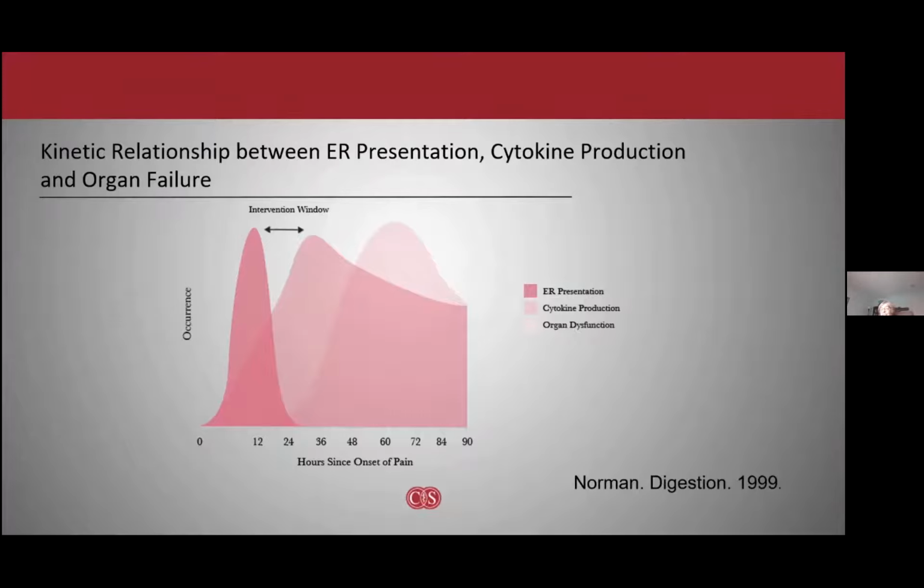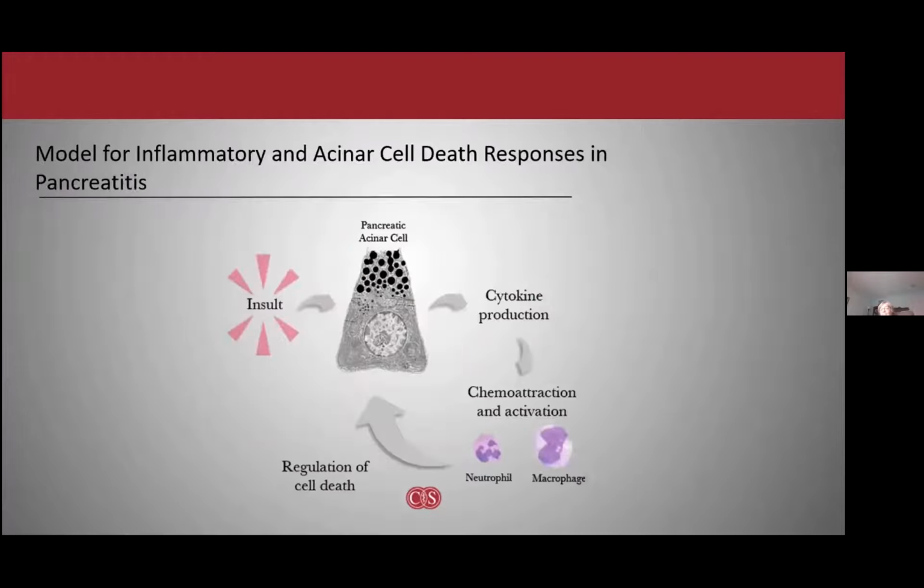The point of this slide is that the emergency room presentation precedes the massive increases in cytokines, followed by organ failure that occurs in the most severe cases of pancreatitis, where the pancreatic tissue is necrotic at the later stages of this time course. The point being that Jim and others have suggested that treatment needs to be initiated early in disease, before there is significant necrosis and inflammation.